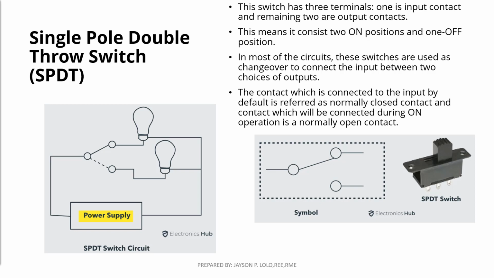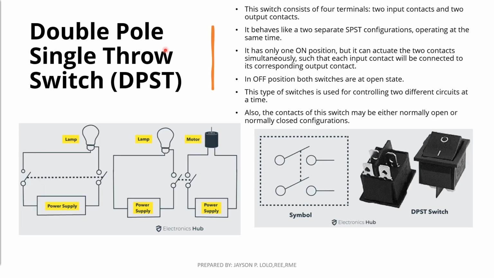The next one is the double pole single throw switch. Double pole is 1 and 2, single throw is 1 and 1. This switch consists of 4 terminals, 2 input contacts and 2 output contacts.